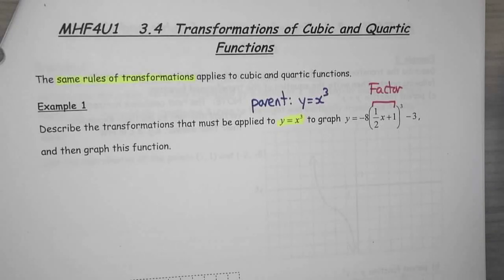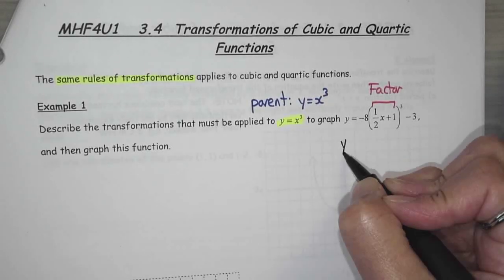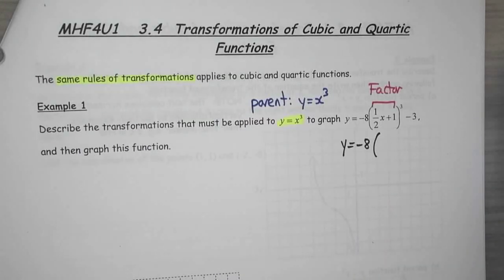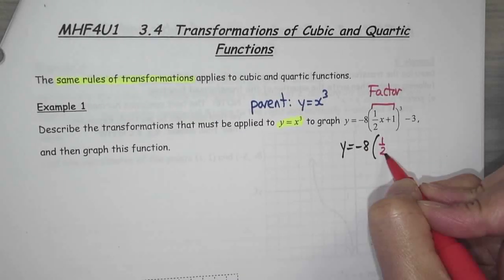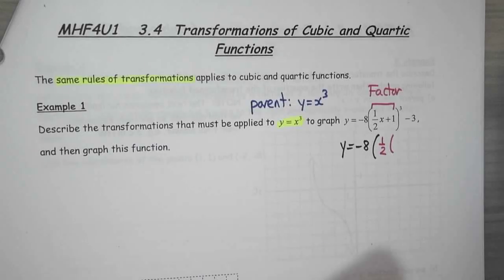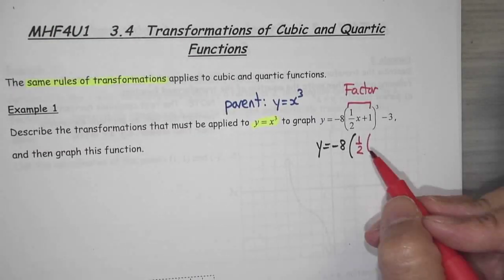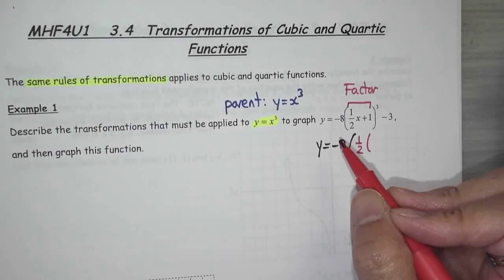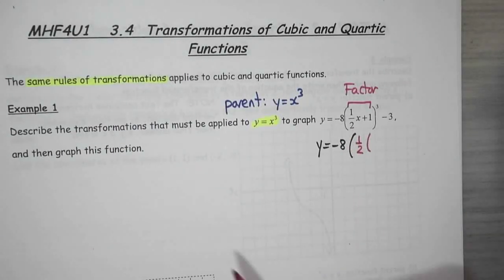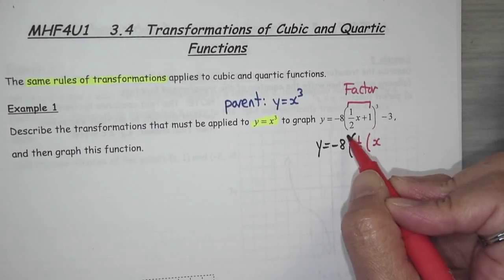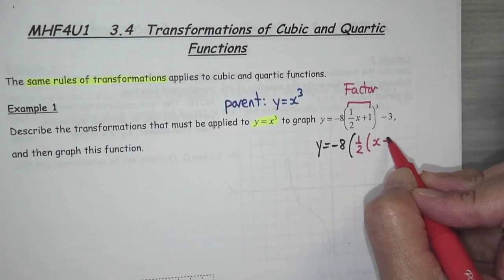Okay, so then we're going to do that. We're going to say, okay, y equals -8, and you're going to factor out that first coefficient. So it's 1/2 bracket. And then you go for this factor here. If you're factoring out 1/2, you're dividing by the 1/2. You're taking it out. So when you divide out, you go x. 1 divided by 1/2 is actually 2.